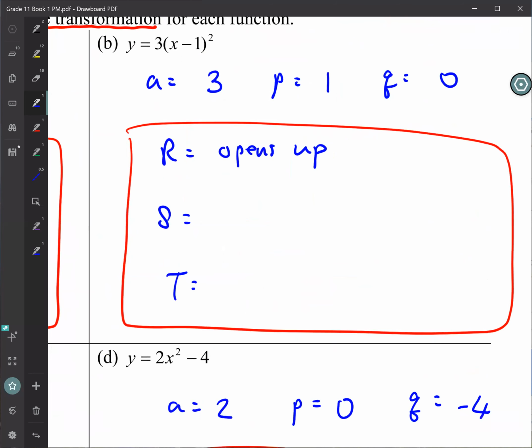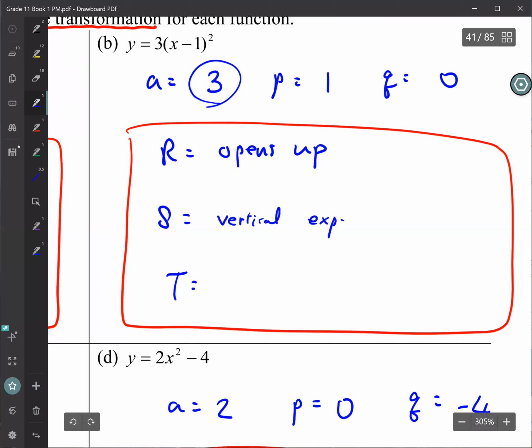Does it not expand because it's 1? You need to look at A. A is 3. Oh, sorry, my bad. So it vertically expands by 3. Yeah, very good.